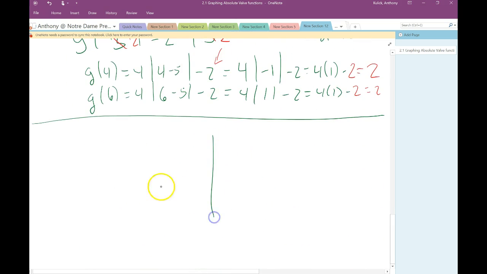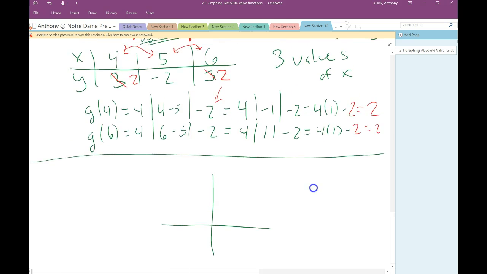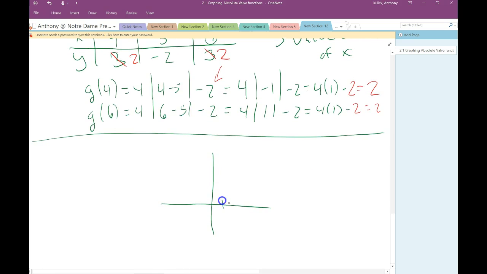If I were to graph this function, we have the points 4, 2, then 5, negative 2, and 6, 2. So here is our g of x.